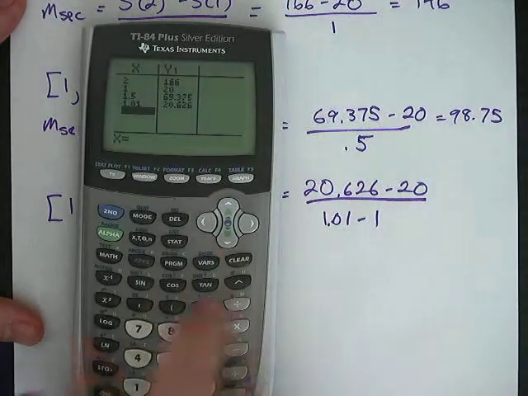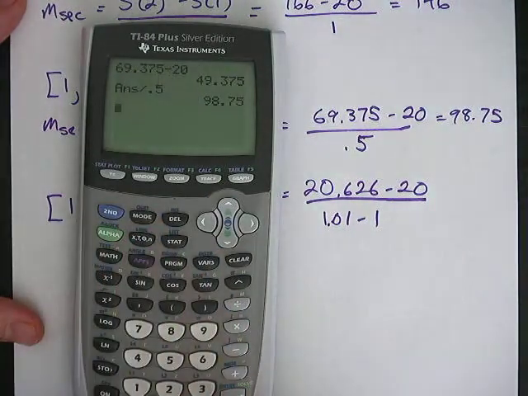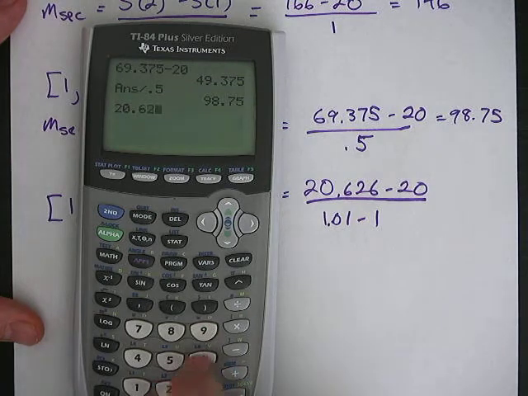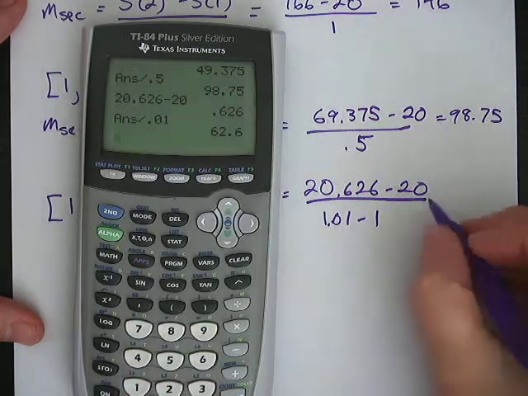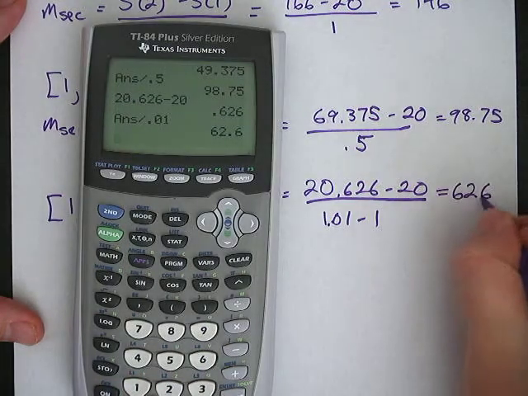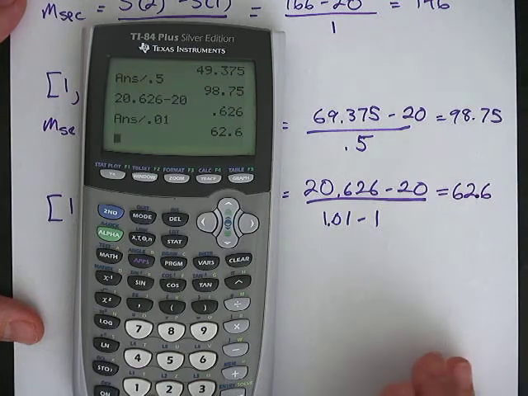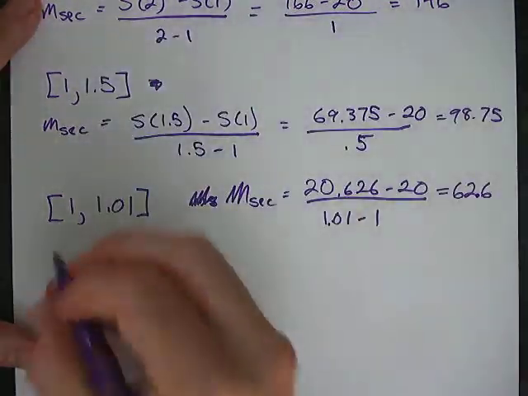Okay, type that in the calculator, and we get 20.626 minus 20 divided by 0.01 equals 62.6.